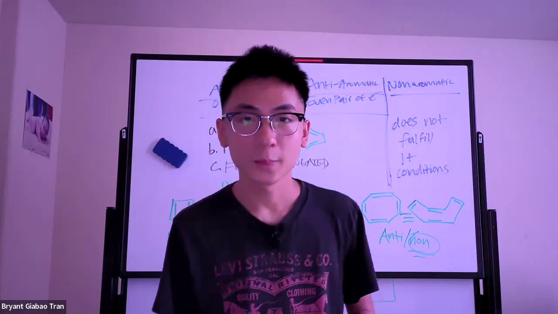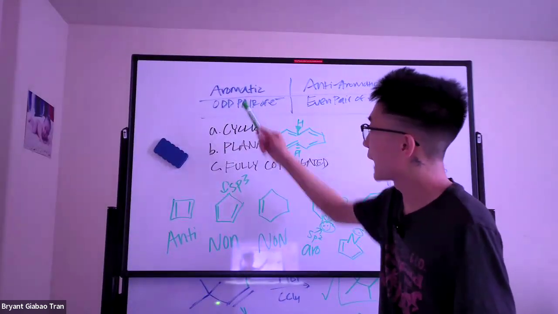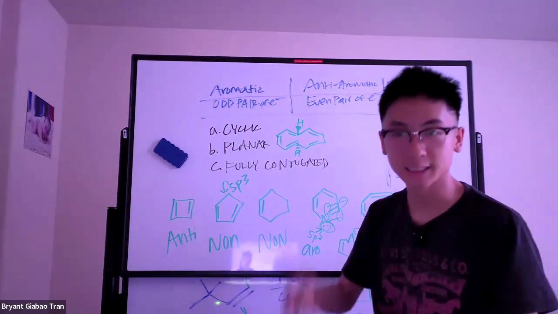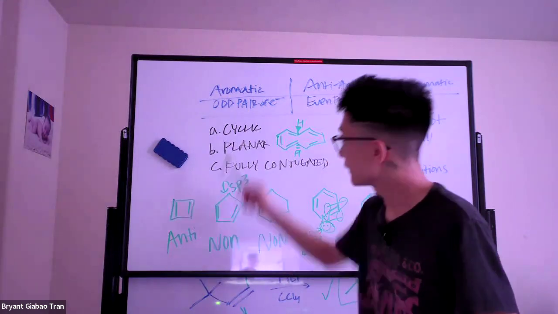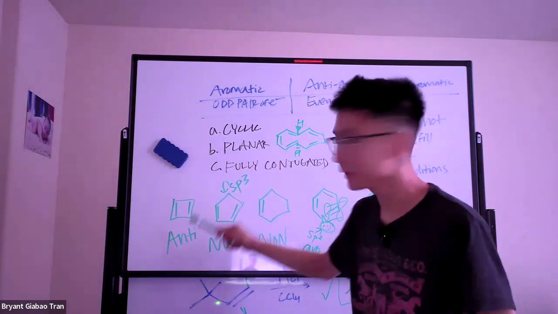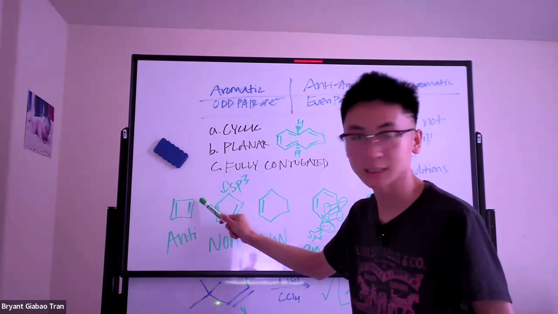Sorry, what do you mean by that even pair of electrons or odd pair of electrons? Yeah, so what I mean is how many pairs of electrons are doing resonance in the ring, where we see this structure here. This structure is all cyclic, it's in a ring. This structure is planar. This structure is fully conjugated because all of the atoms in the ring are sp2.